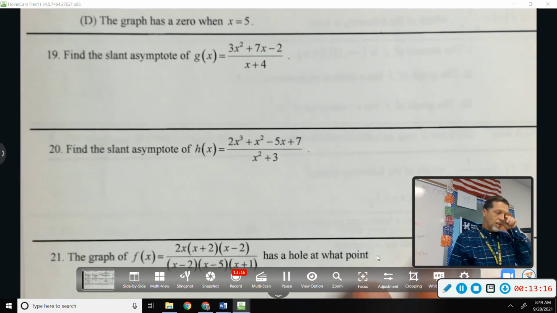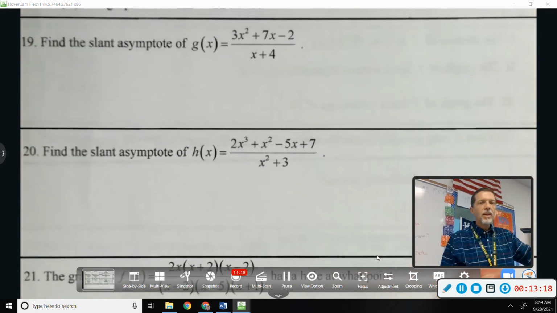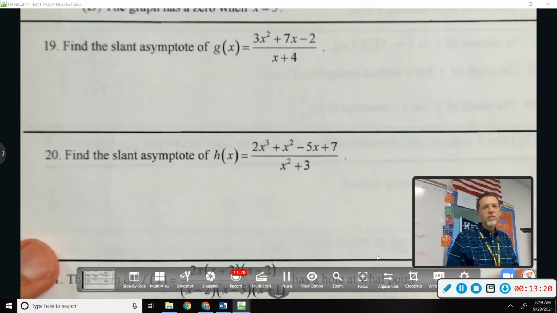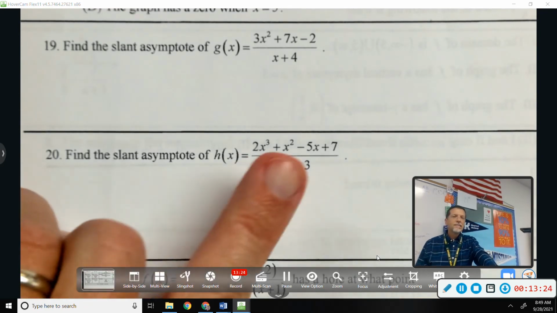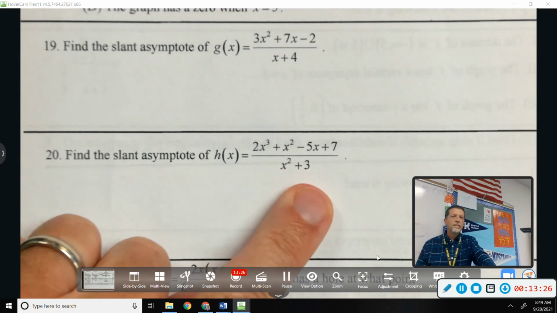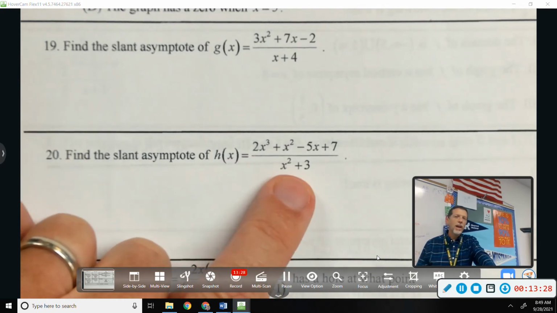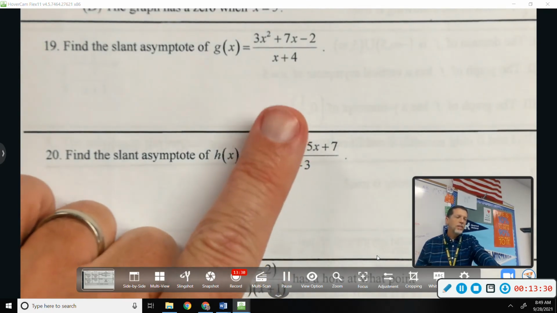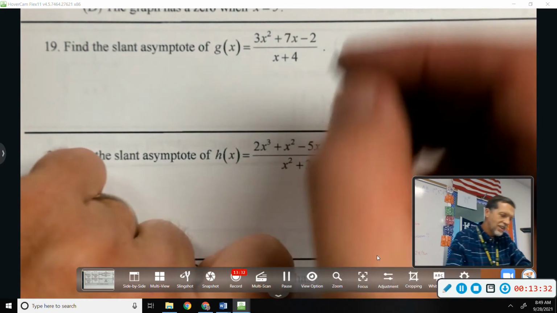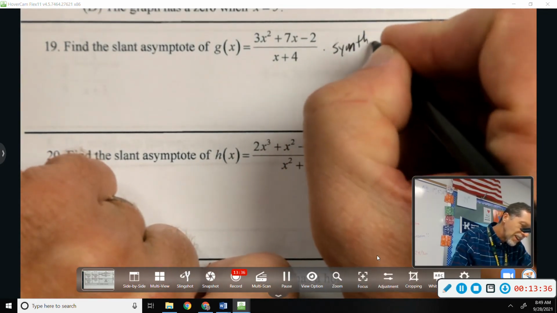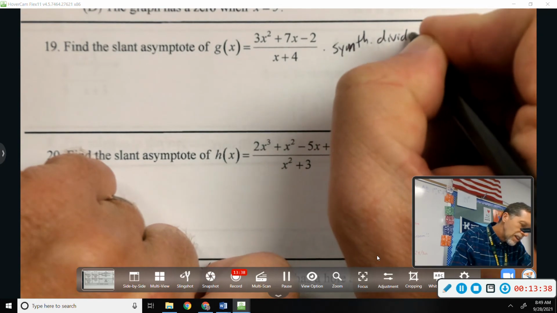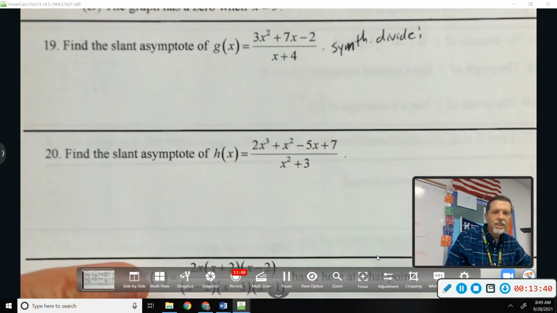What makes 20 a little more difficult than 19? I'm dividing either way, but 19 I can synthetic divide. On 20 I've got a long divide.